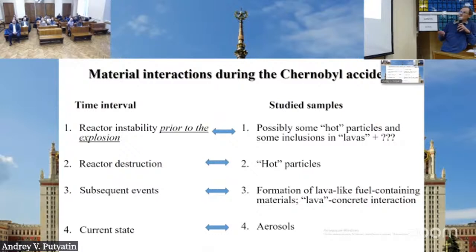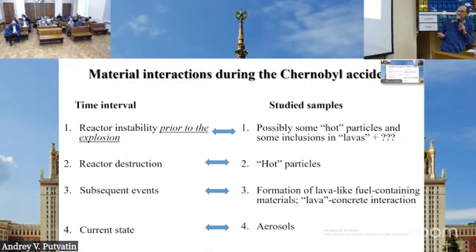And we also recall that we have found epsilon type particles which are inherited from a fuel in a material which has interacted with surroundings for very little time. When the reactor is actually destroyed during the explosion, we mostly produce hot particles.